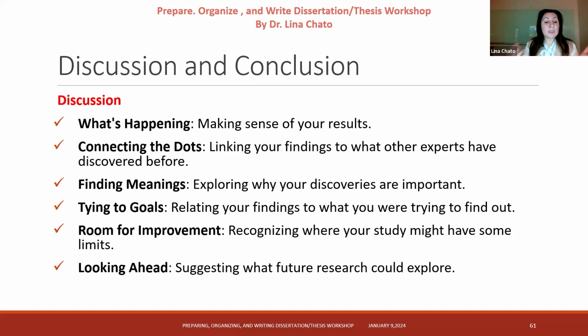And you recognize or highlight the improvement or your contribution to the field. You can also mention in the discussion what future research could explore. Maybe you developed methodology one and you got results, but this inspired you toward a different way, okay? So the discussion chapter should contain all this information.